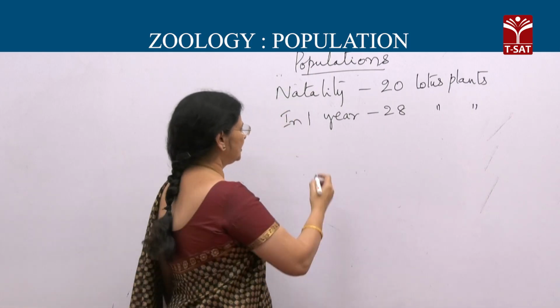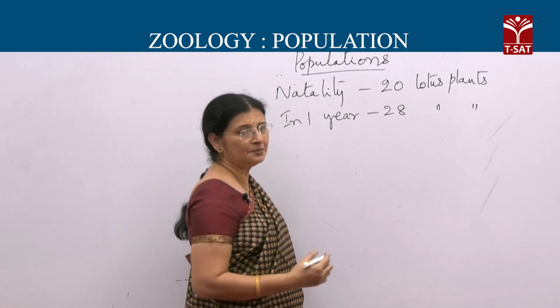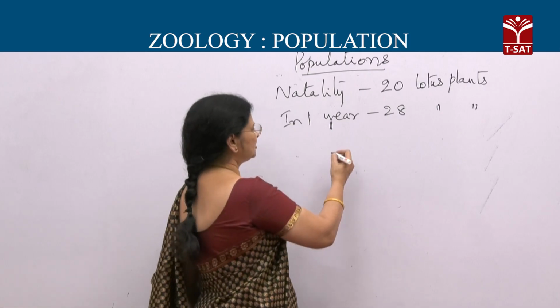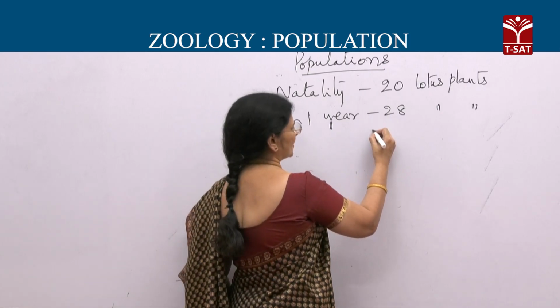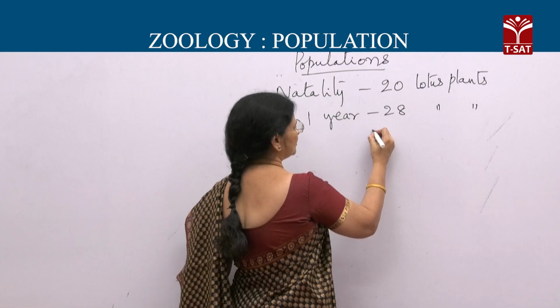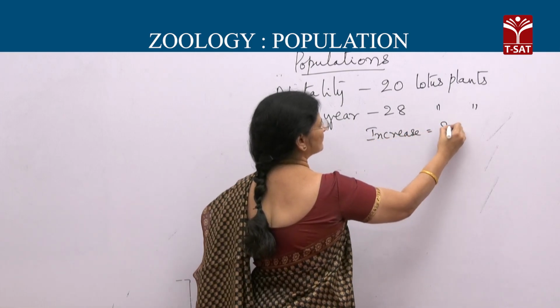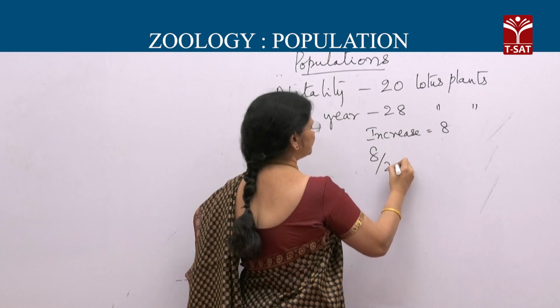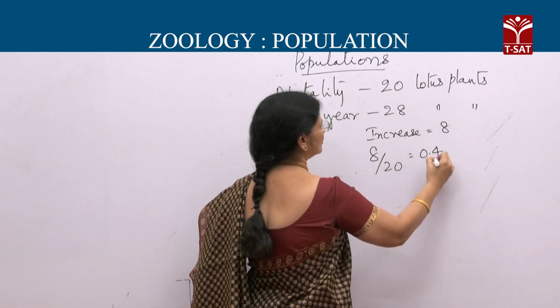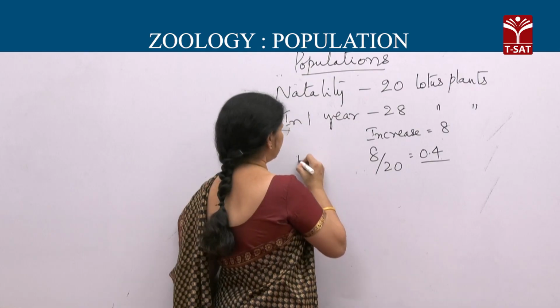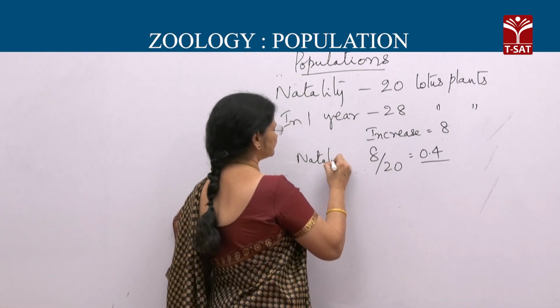So the increase in the number is 8. This 8 by 20, that is 0.4, is considered the natality, the birth rate.